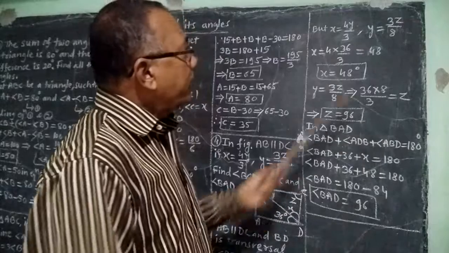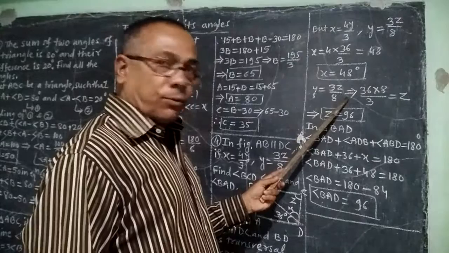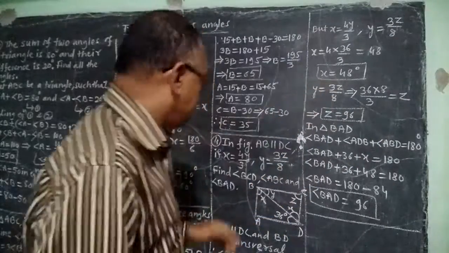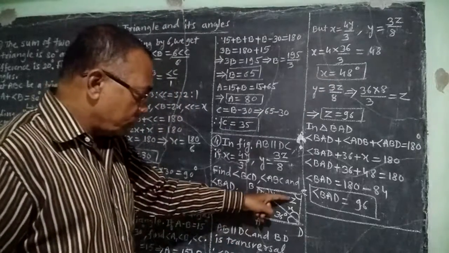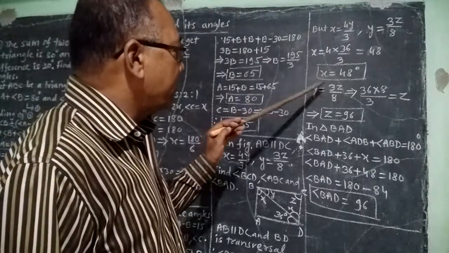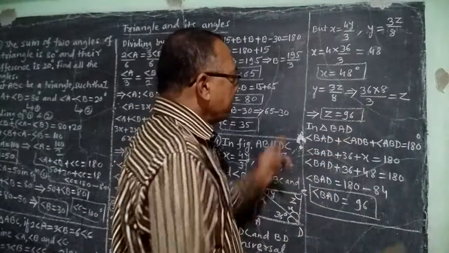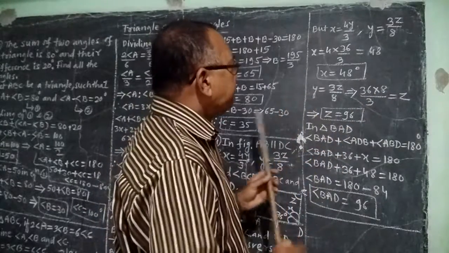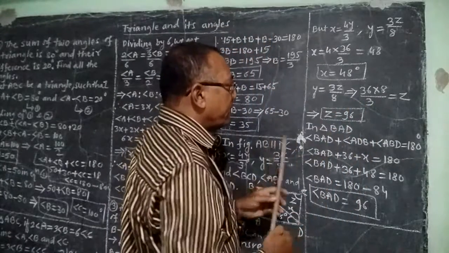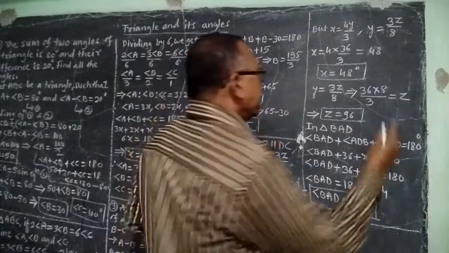Now we have to find the value of z. y is given as 3z upon 8, and y is 36 degrees. After transformation we get 8 multiplied by y, so 8y is equal to 3z.